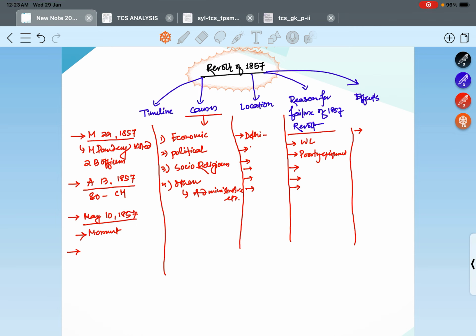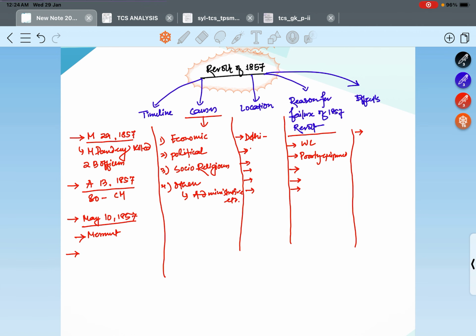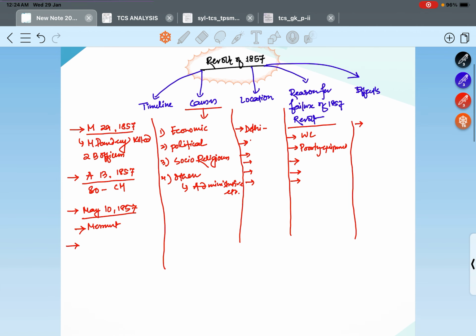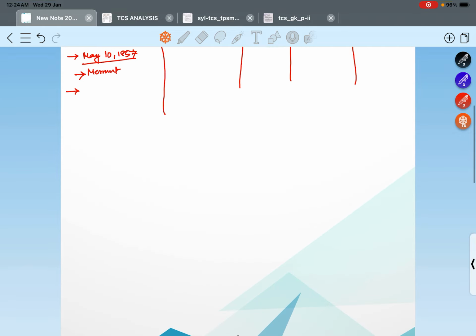If you do it this way for every topic, ultimately you will be in a good position to solve MCQs as well as write mains questions. The source for MIH, modern Indian history, is Spectrum. So we are done with the history part.